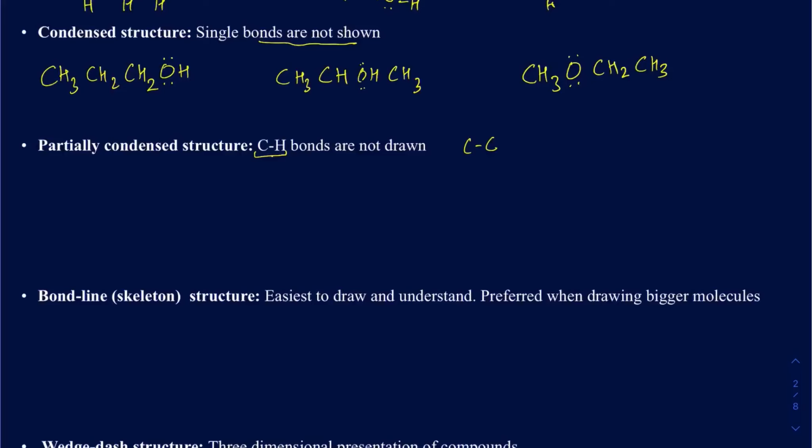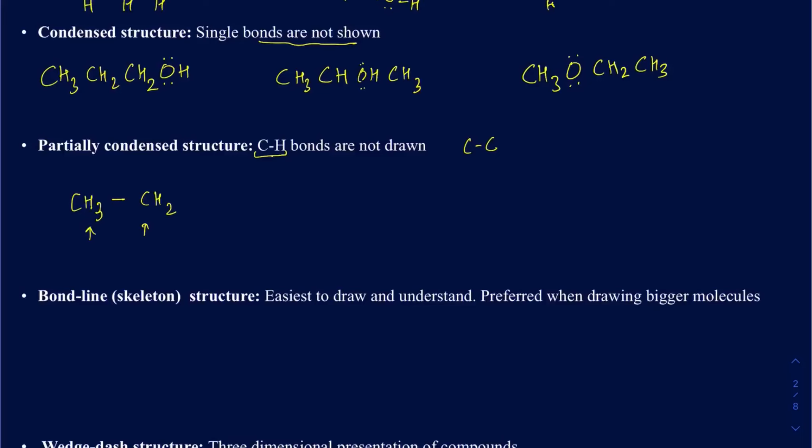If I want to draw the partially condensed structure for this first molecule, I got CH3, and then I'll go ahead and draw a bond between the carbon and this next carbon, which is CH2. Even though it seems like you're making the bond with a hydrogen, it's really not the hydrogen.